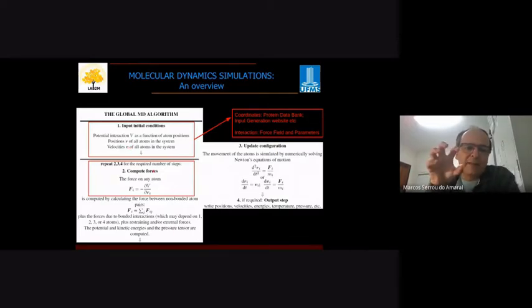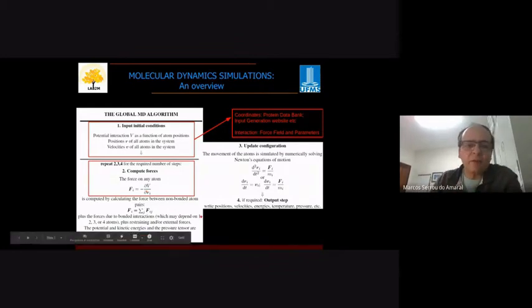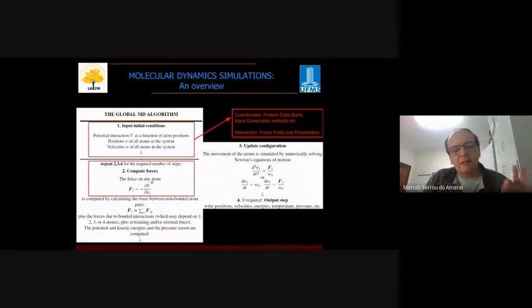After that, you can start the simulation, and to start it you need to compute the force of the atoms' interactions. You use the physics 1 that you have from courses at university, and you can calculate the force for each atom using this equation.